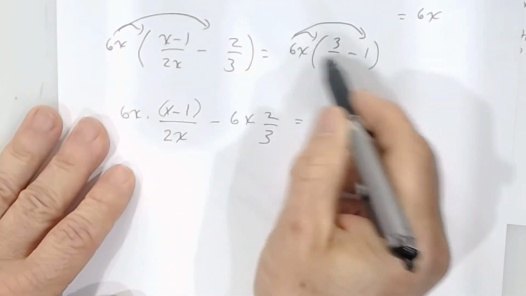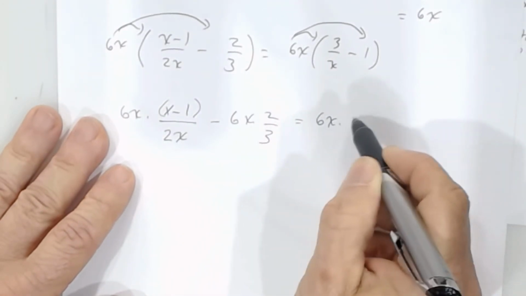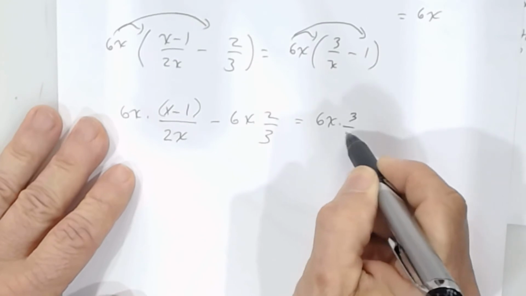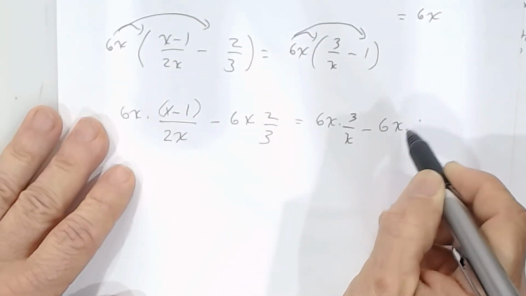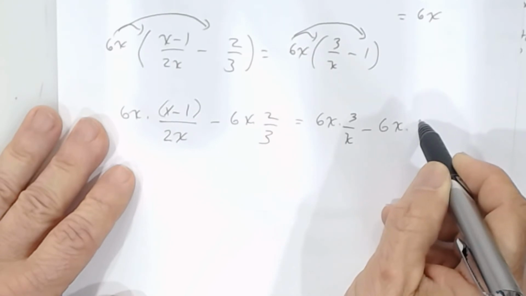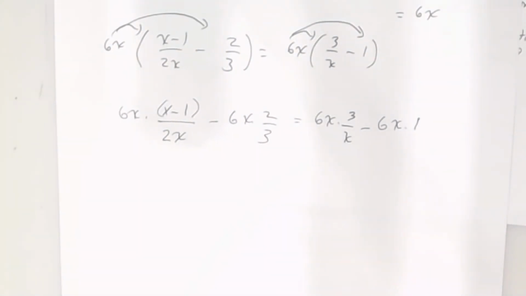Equal? Now on this side, you're going to say 6x times what? 3 over x. Minus 6x times what? I already have that minus right here, so you can just say what? Times 1. Okay, so I only really needed to put the first fraction, the numerator, in parentheses.